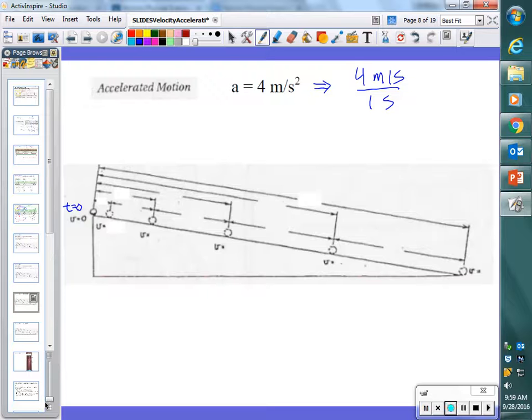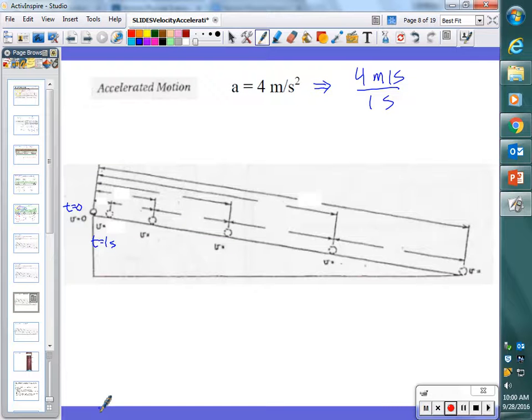At the very instant we let it go, the velocity is 0. But as soon as we let it go, what starts happening? It accelerates. Specifically, it's speeding up, going faster. The next picture is t equals 1 second, 1 second later.